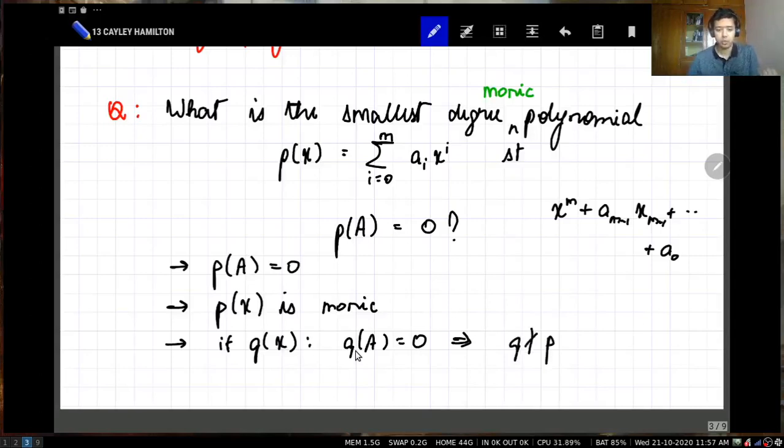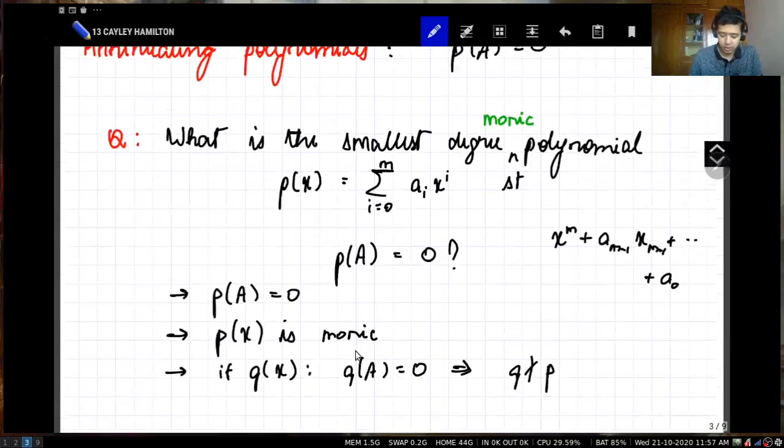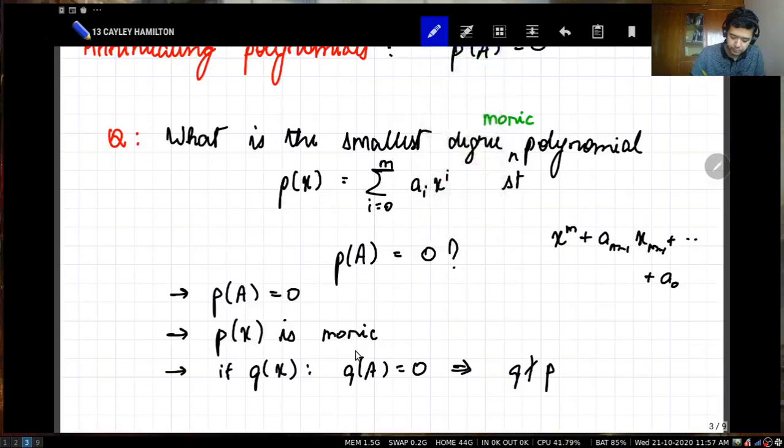So any other polynomial which is also an annihilating polynomial cannot divide p. Okay, so these are the conditions that we will ask for. So this is what I mean by a smallest degree monic polynomial, and such a polynomial is what we'll call a minimal polynomial.